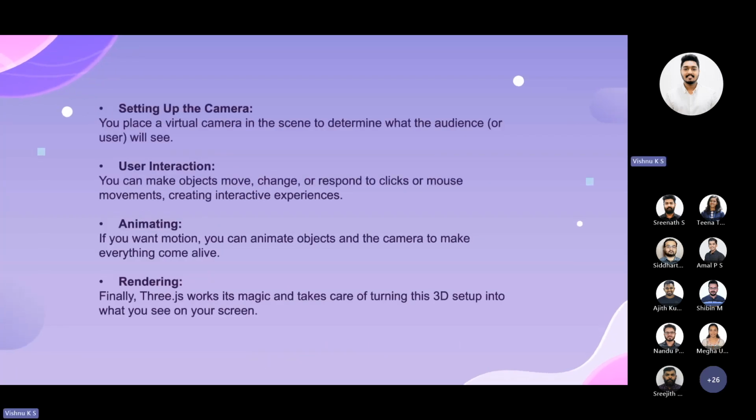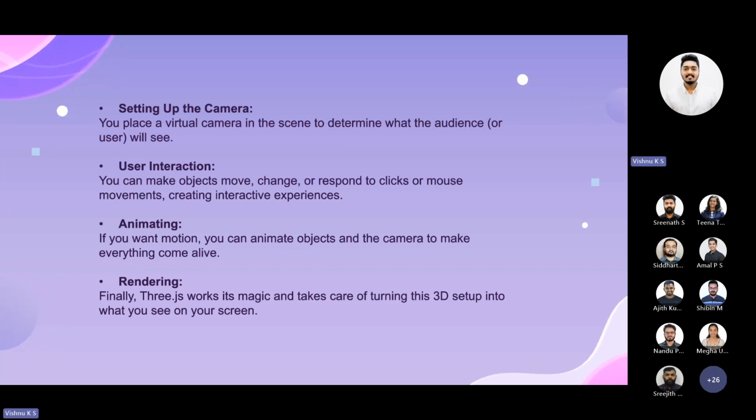And in Three.js, you can choose from different types of lenses for setting the camera. A perspective lens is like a regular camera with depth and distance, and an orthographic lens is more like a flat 2D view. Also, we can set the X, Y, Z values to position this camera.